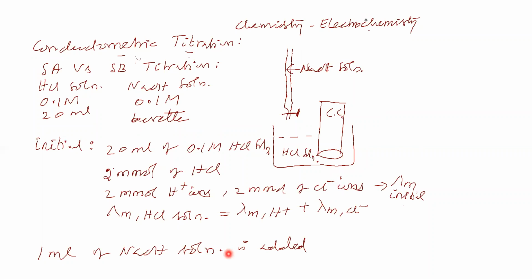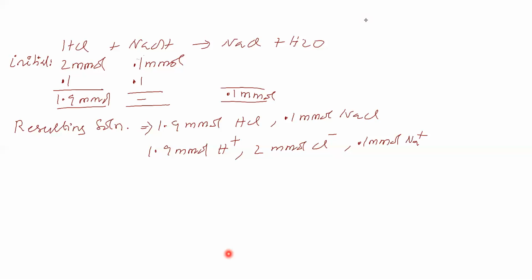After adding sodium hydroxide solution, the resulting solution contains 2 millimoles of Cl minus ions. Therefore, before and after adding sodium hydroxide, the solution contains the same millimoles of anions. So the current carrying ability, that is lambda m of anion, remains the same. Next we will see cations.